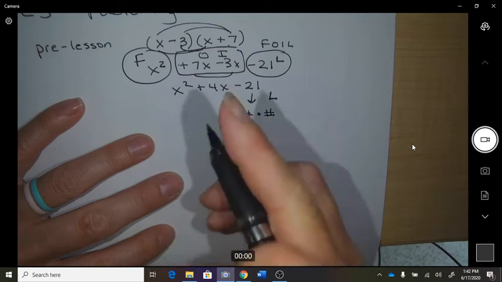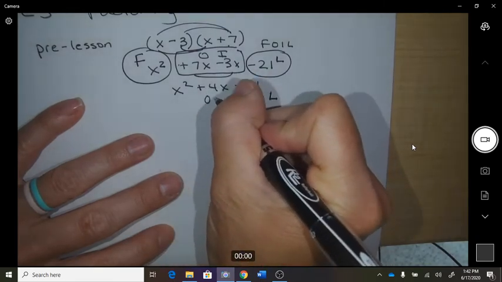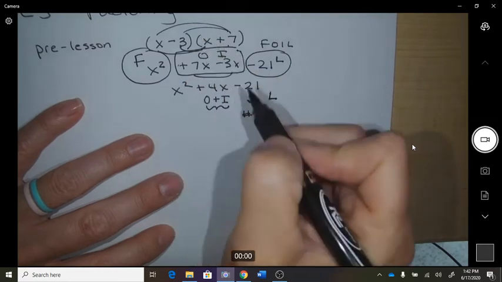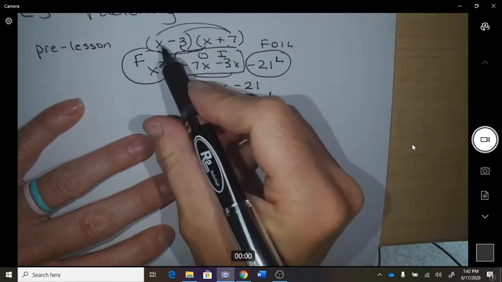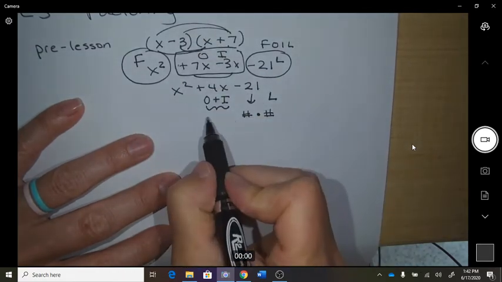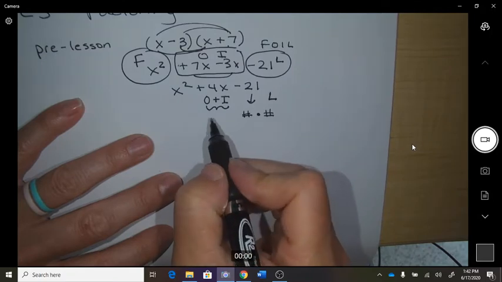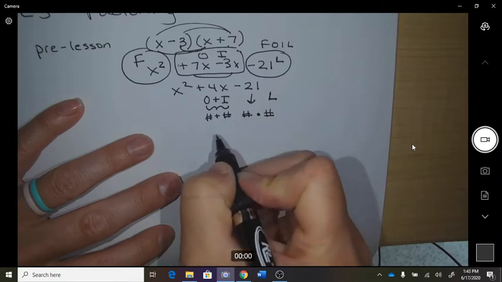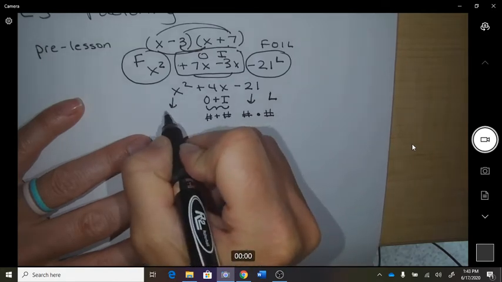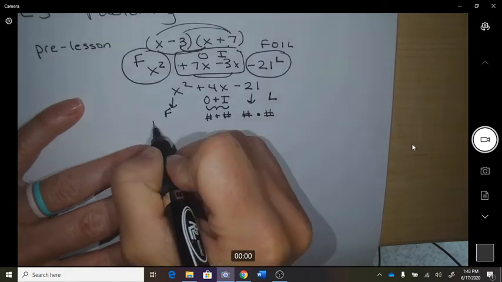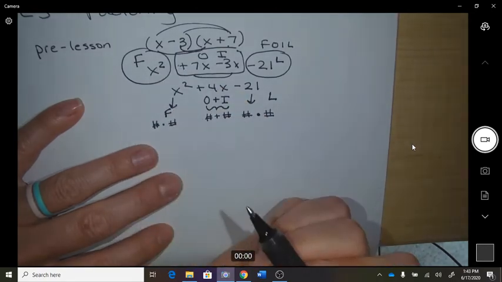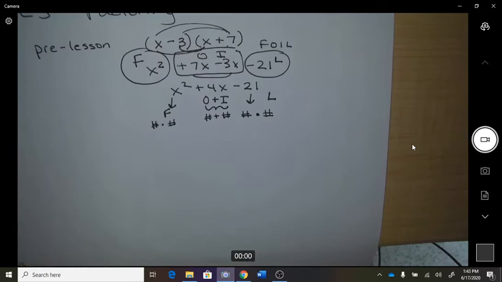And what I know in the O and the I is that they're going to add together. And then in this spot, it's the F spot, and this times this has to make that.